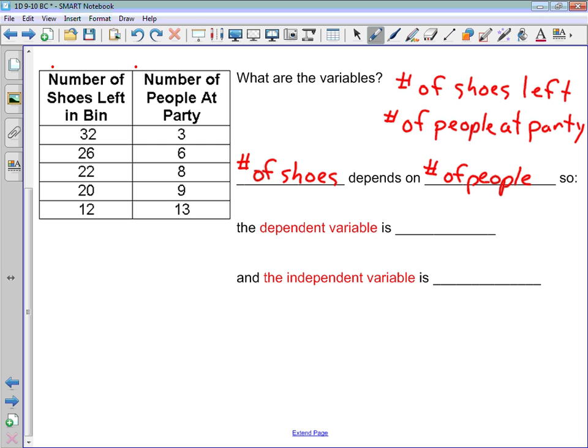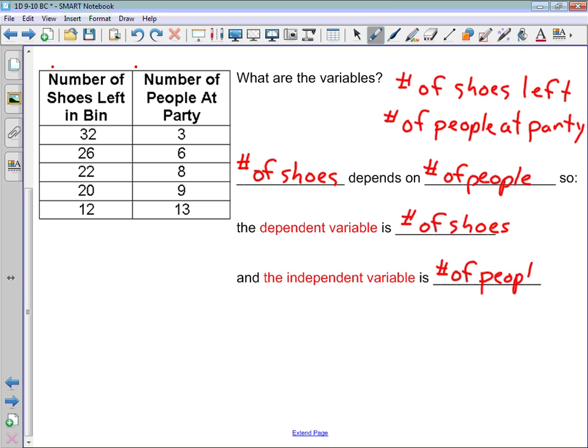As people come, they take shoes out, so the number of shoes is going to decrease. So because shoes depends on people, the dependent variable must be number of shoes. That means the independent variable has to be the other one, number of people.